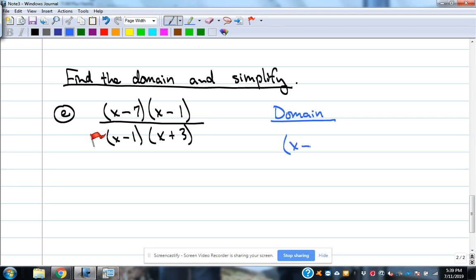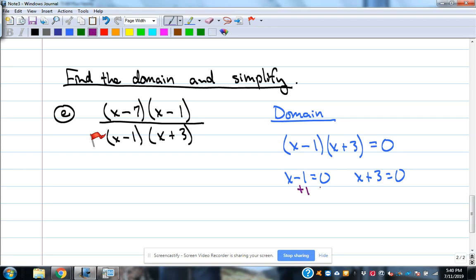So we set the whole denominator, in this case, equal to 0. And it's already in factored form, so we're kind of ahead of the game here. Because we're setting it equal to 0 and it's already factored, we're going to take each individual factor, x minus 1, set it equal to 0. X plus 3, set it equal to 0. And then solve each of those separately.